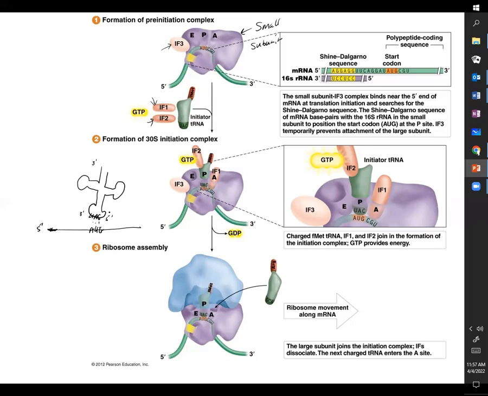So this initiator transfer RNA recognizes the AUG, and attached to it is methionine, but it's a special methionine with an additional functional group called a formyl group on it. So we're showing F-methionine. The initiator transfer RNA recognizes AUG and has attached to it a formyl methionine amino acid. So this is the complex that forms.